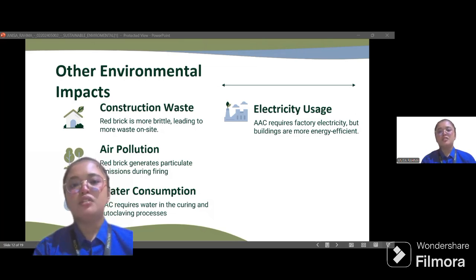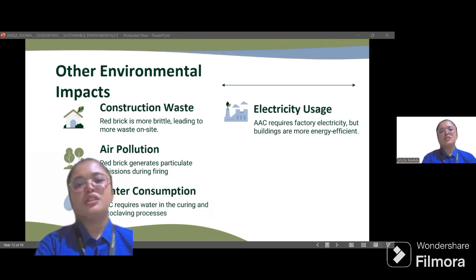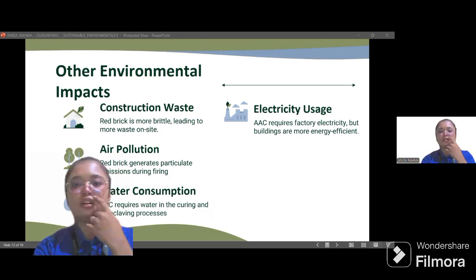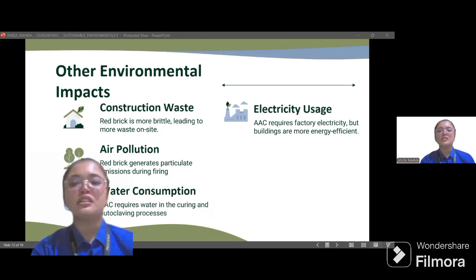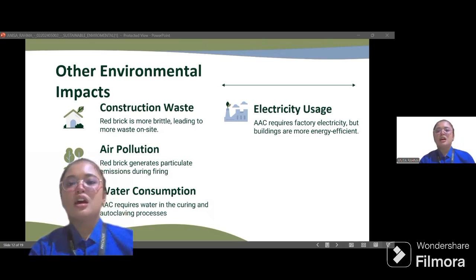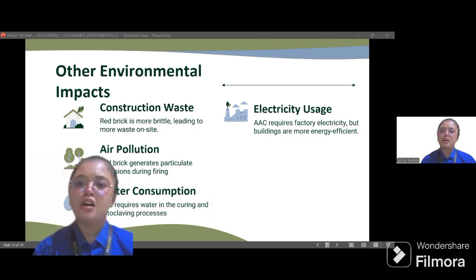And then for the AAC, the production requires more water, especially during the curing and autoclaving process. During curing, the AAC bricks must be treated with a specific level of humidity to achieve the desired strength.